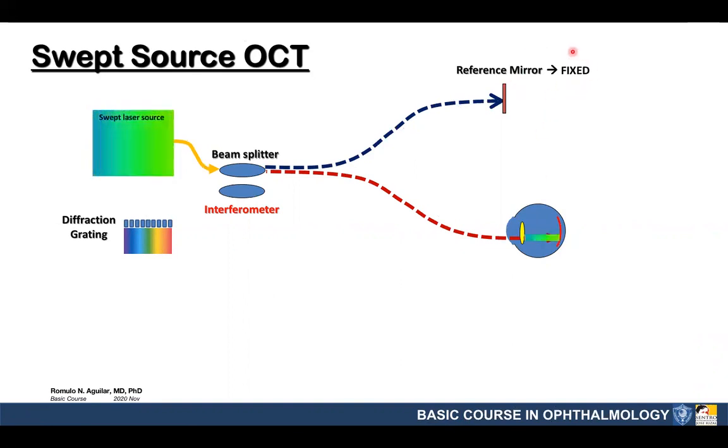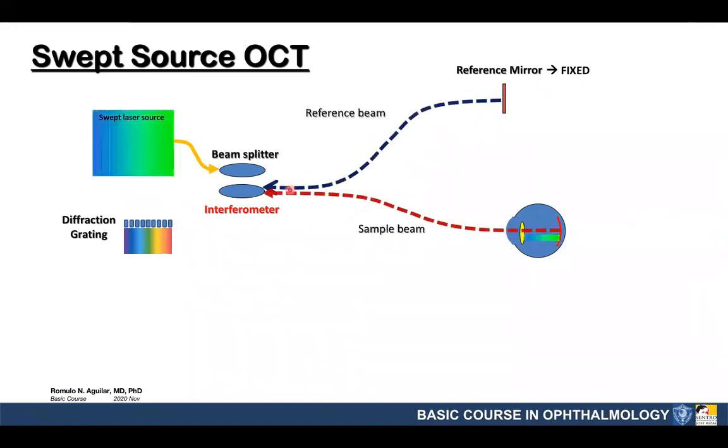Reference mirror is already fixed. And then, like in the other OCTs, reference and sample beam goes into an interferometer. Interferometer generates the first interferogram and is passed on, but you don't need the diffraction grating anymore because the wavelengths are already separated at the source.